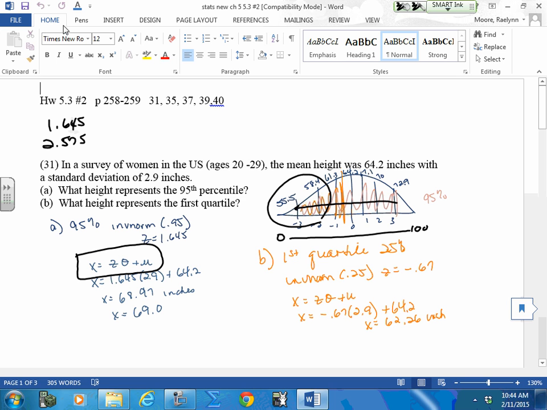Good? For part B, I got 62.24. Using your calculator? Right, I said the calculator is a little different than my answer. If you use your inverse norm, I need your steps on inverse norm. You're going to put your area in, you're going to put your mean in.